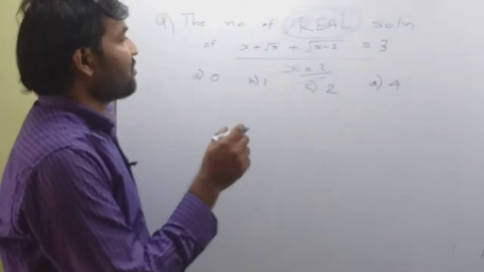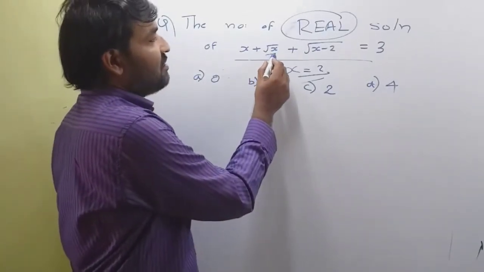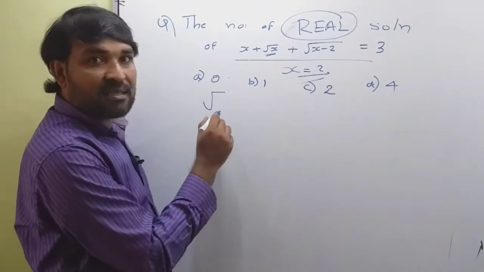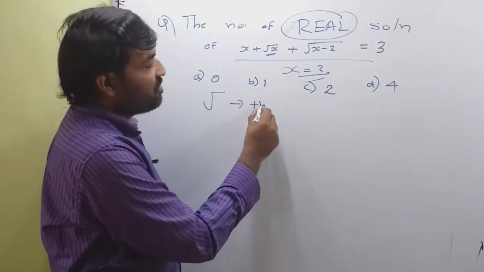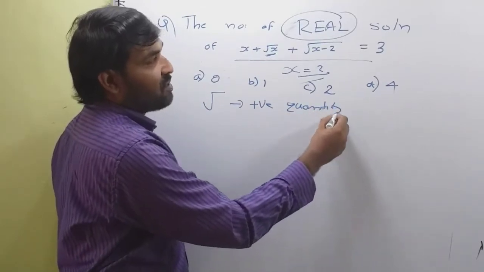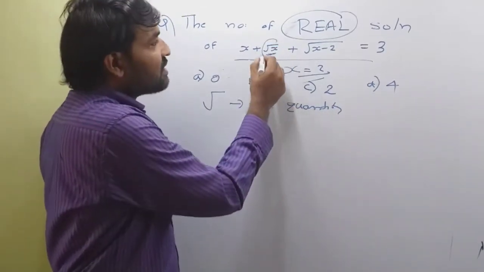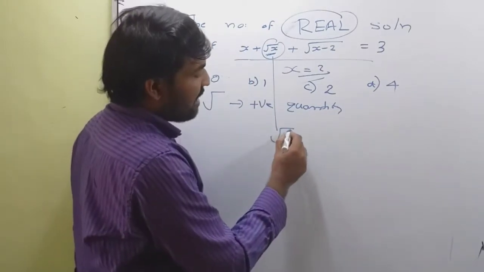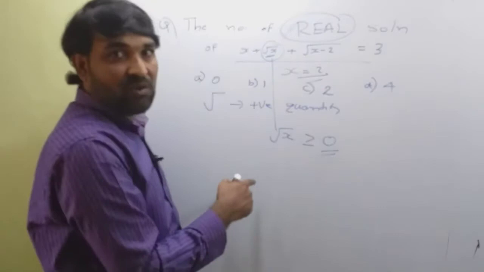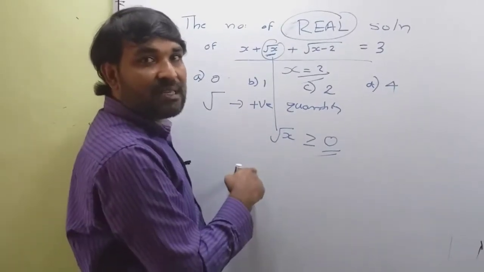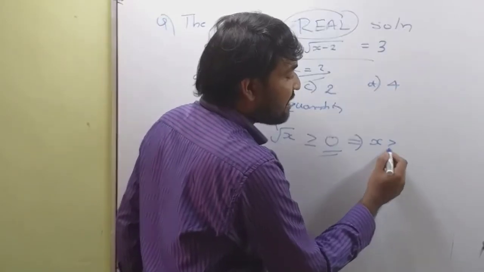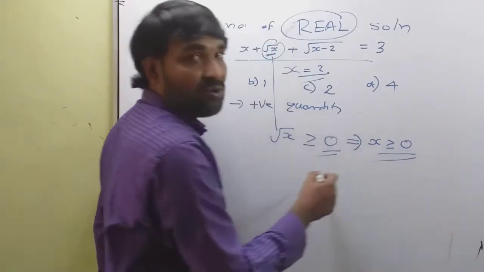Now we have root x. Since we know that square root is a positive quantity, this term, root x, should be greater than or equal to 0. This condition is satisfied if and only if x is greater than or equal to 0.